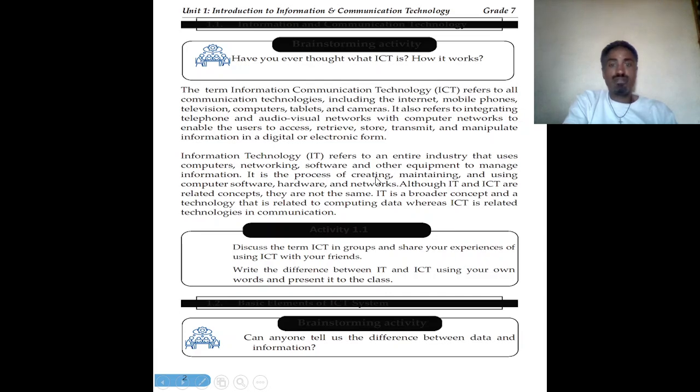It is the process of creating, maintaining, repairing, and using computer software, hardware, and networks.